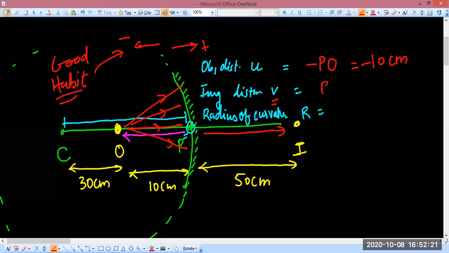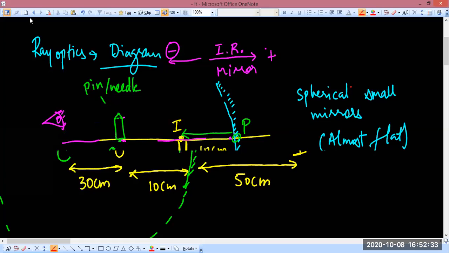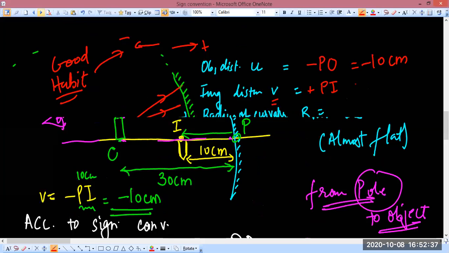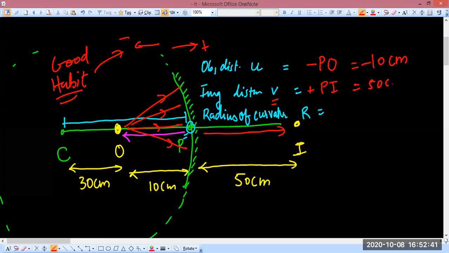So this is going to be plus PI. Is that clear? Just PI. So this is going to be 50 centimeter. Yes, correct, plus 50 centimeter.